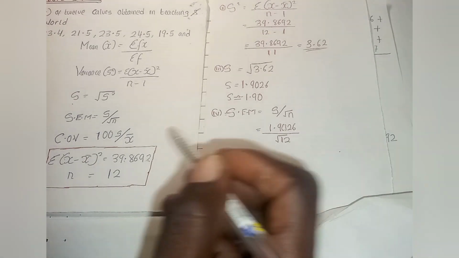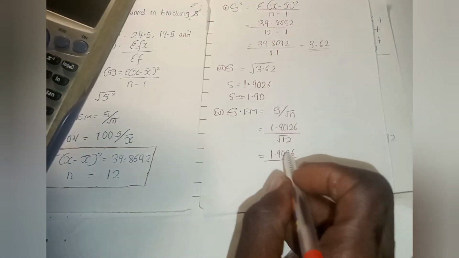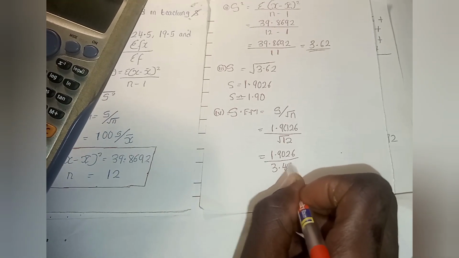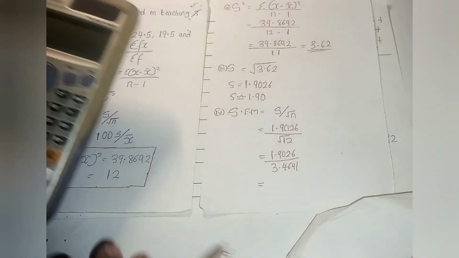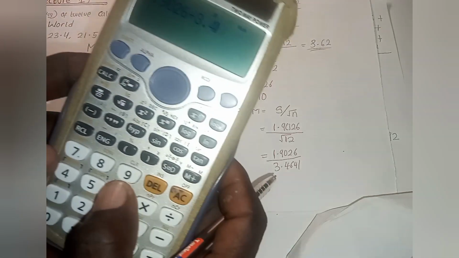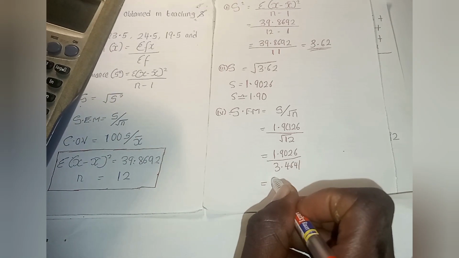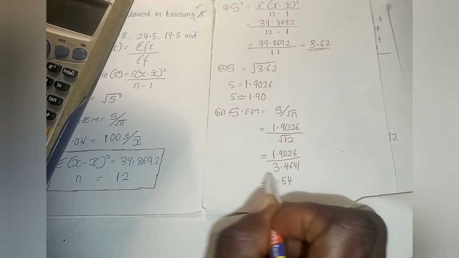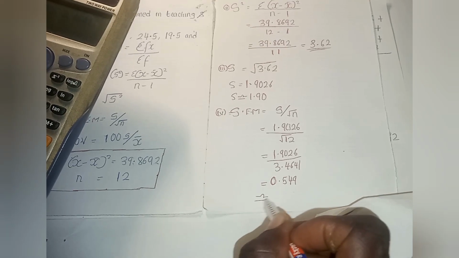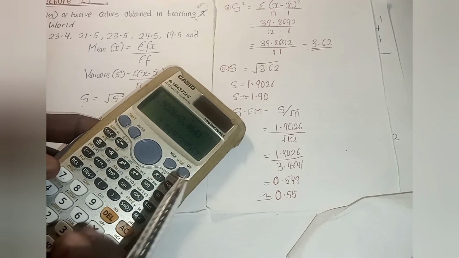So my standard error of mean is 1.9026 divided by 3.4641. That's 0.549. I can approximate to 2 decimal places, which is 0.55. This is my standard error of mean.